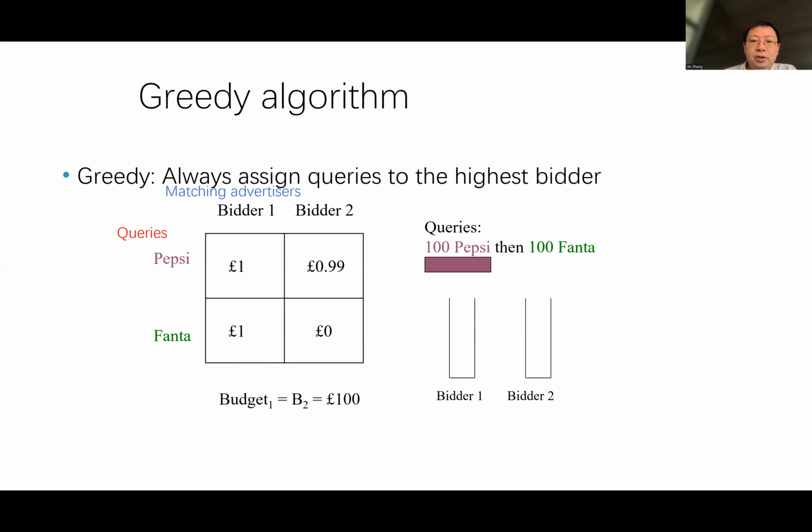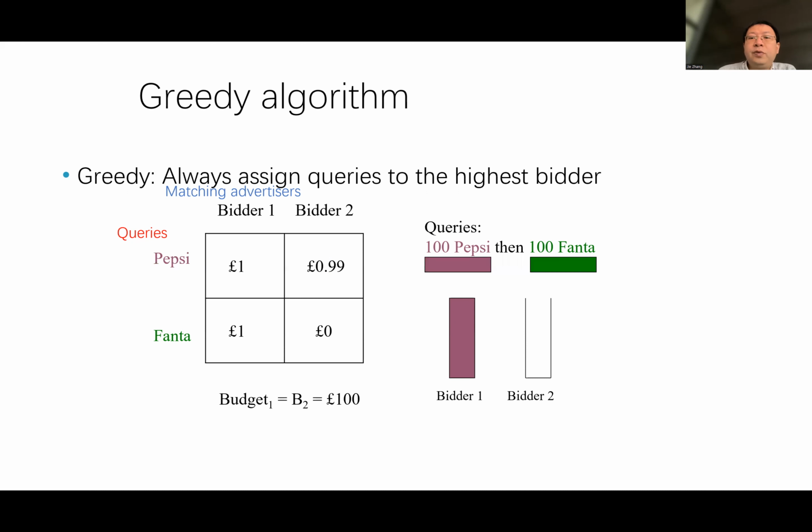So in this case, when the 100 Pepsi queries come, because bidder one's bidding price is slightly higher than bidder two's, the search engine will display bidder one's advertisement, and each time bidder one will spend £1 for the query. So bidder one's advertisement will be displayed 100 times, and then his budget is exhausted, so he is gone.